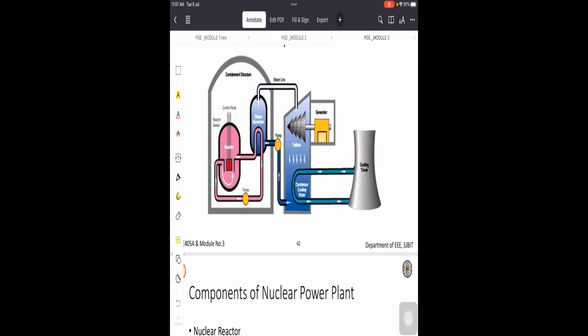Now when it comes to fuels, generally what we use in the reactor are uranium-235 (92), plutonium-239 (94) and uranium-233 (92).